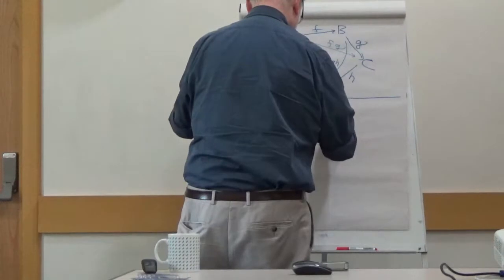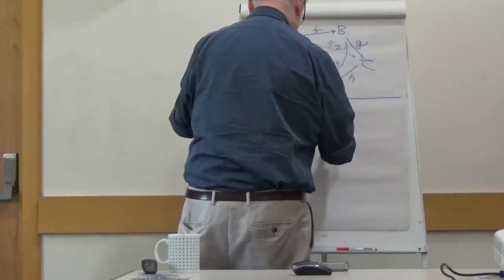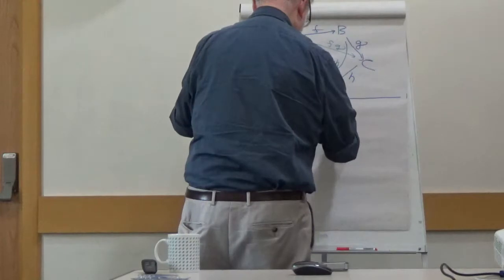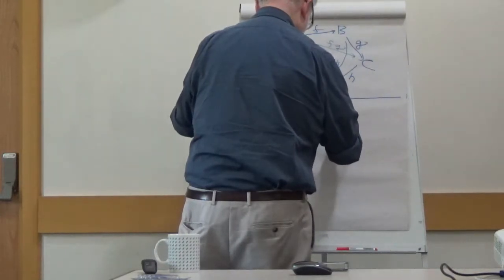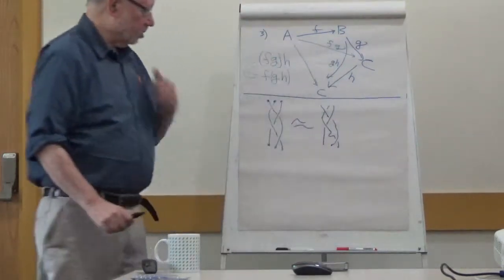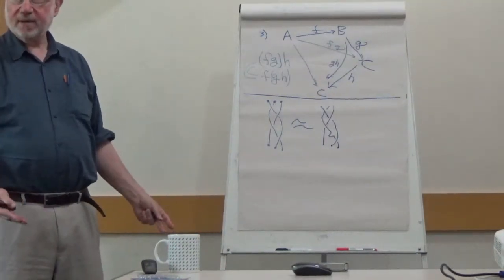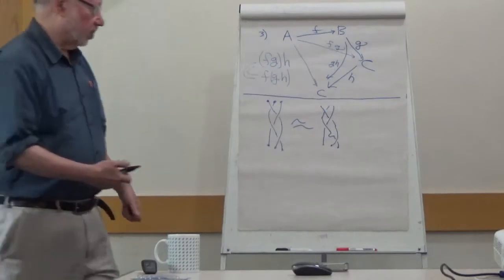Let's say, I don't want to make a big change. Let's put a break there and put that there. All right. And then maybe I just put a little wiggle in there like that, so it changed like that, right? Those would be the same braid. I'm just deforming the strands a little bit.